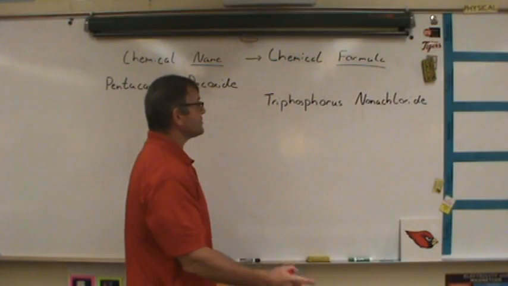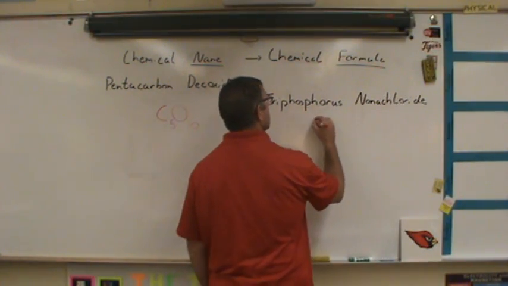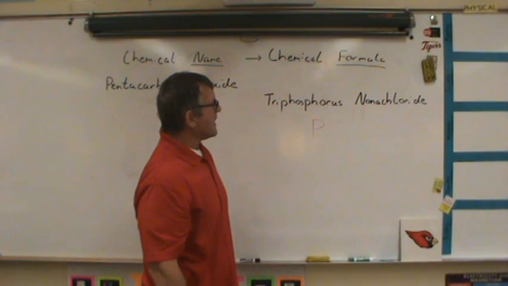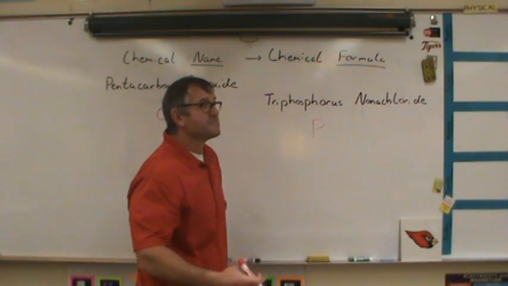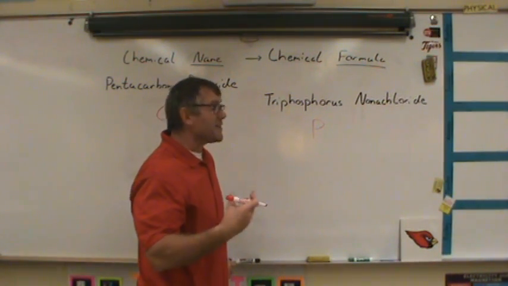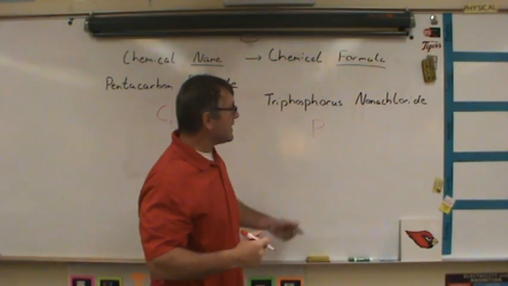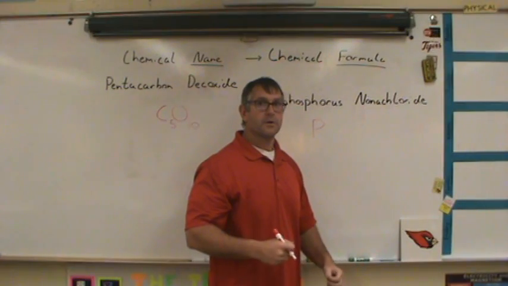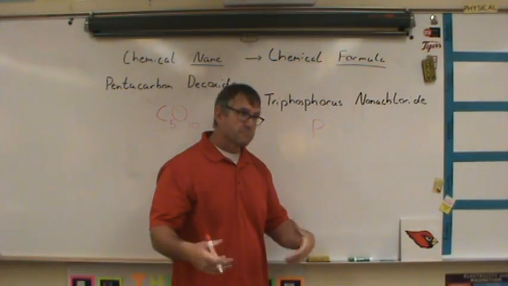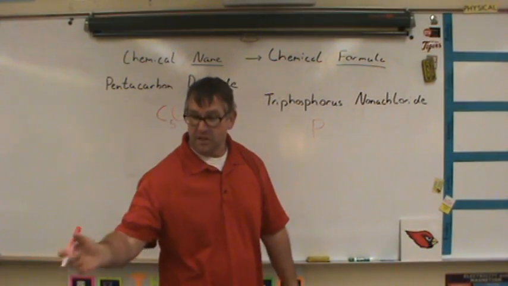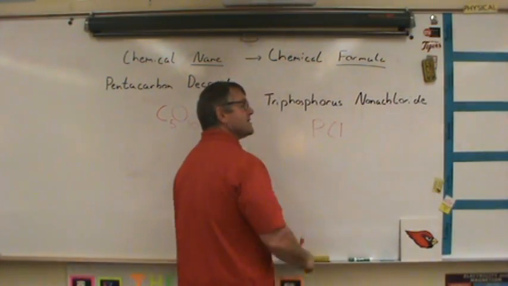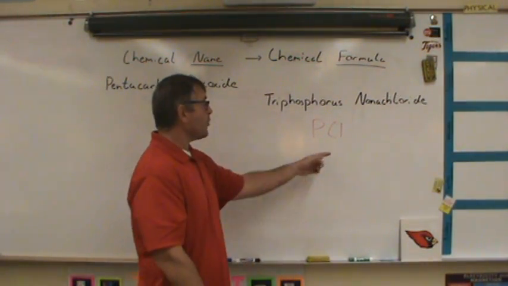Our symbol for phosphorus, look at the periodic table, is P. Now, non-chloride. Goofy looking word, but find the root of it. Get rid of the prefix, get rid of the I, and we have chlor. What does chlor sound like? Chlorine. And if you look at the periodic table, chlorine is Cl, lowercase l. That's step one, PCl.